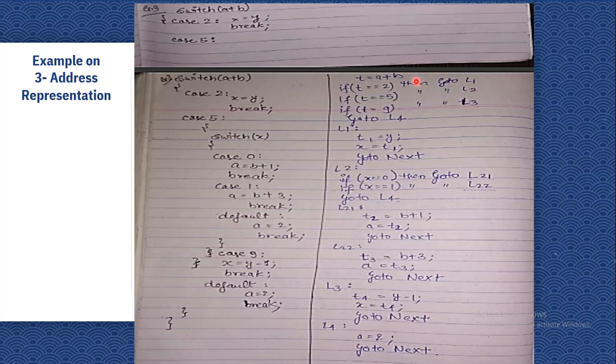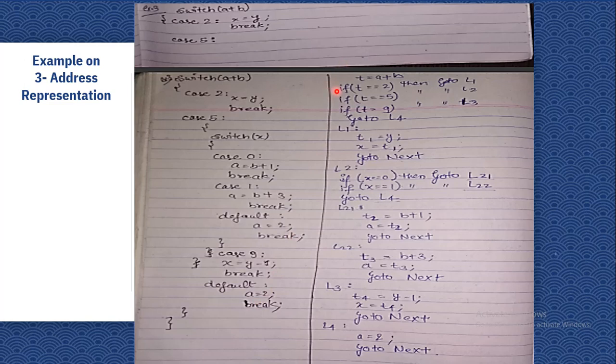If t is 5, then go to L2, and if the value of t is 9, then go to L3 and perform these actions. If no case value gets true, then go to the default case and perform this operation.